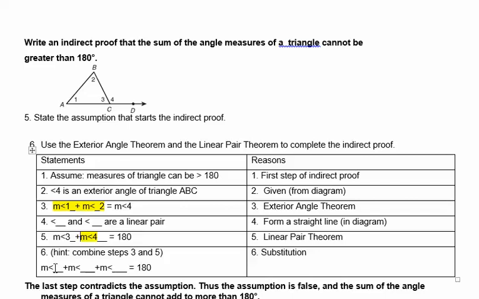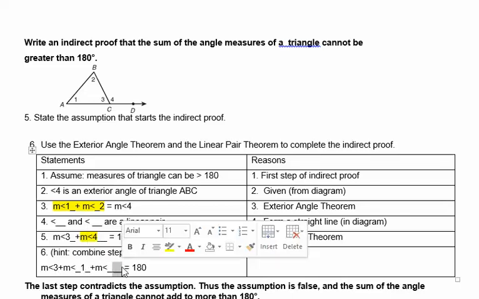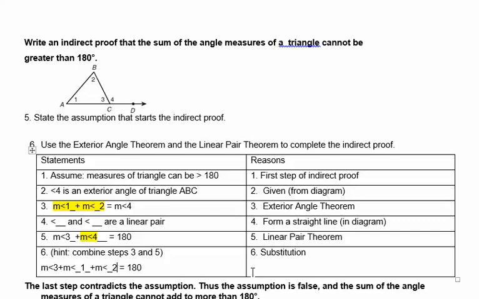So then you can replace, we'll leave the 3 here from number 5, but measure of angle 4 is equal to the measure of angle 1 plus the measure of angle 2. So we just wrote that measure of angle 3 plus measure of angle 1 plus measure of angle 2 is equal to 180. But we were supposed to try to find that the measures of the triangle can be greater than 180. And we found that they're equal to 180.